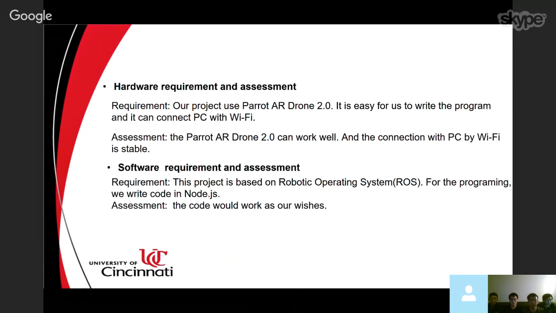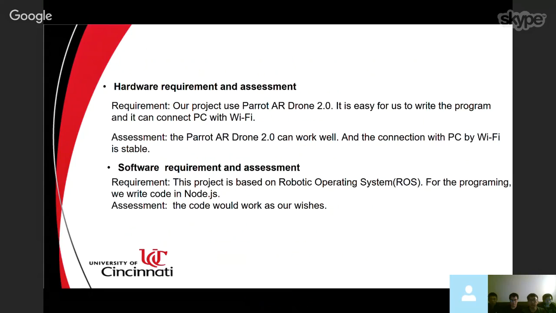Why do we choose this device? It is easy for us to write the program, and it can easily connect to a PC with Wi-Fi. For the assessment, the Parrot AR Drone 2.0 can work well, and the connection with the PC by Wi-Fi is stable.